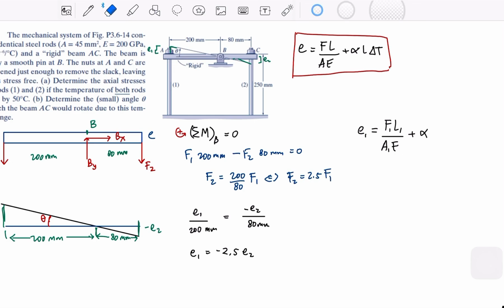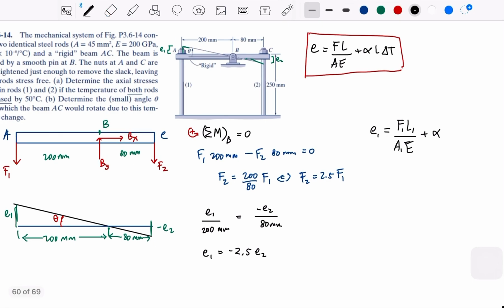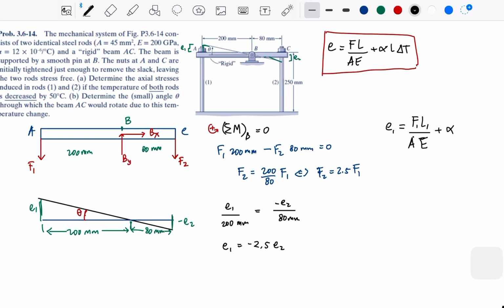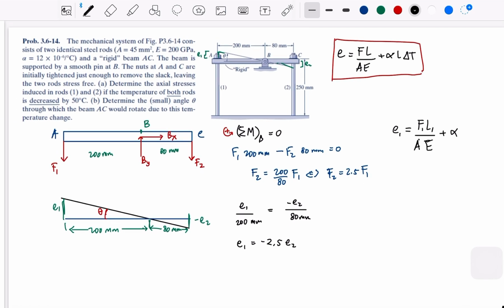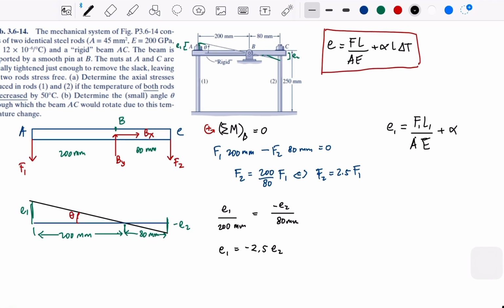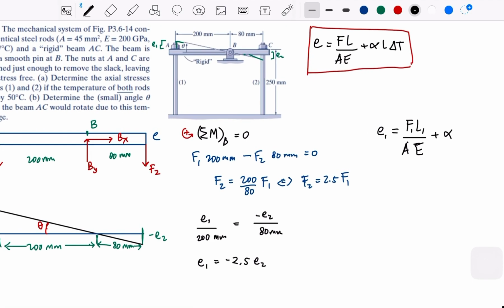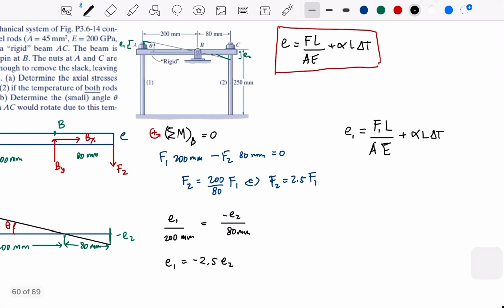Oh, E is just 1, I think. And the area also the same, right? I think we can do some simplifications. What else? L is the same, right? Yeah, L the same. For E2, the difference is only the F2.